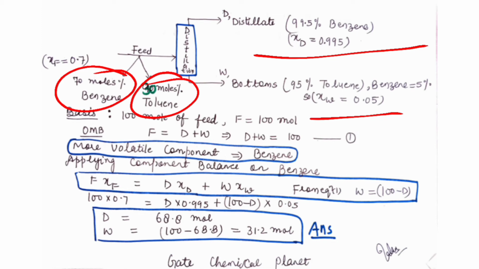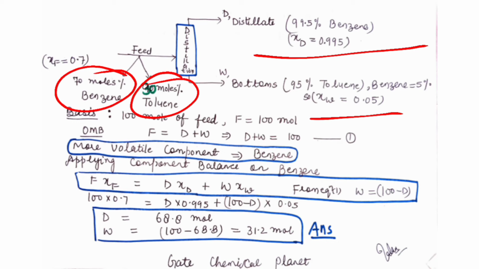We take 100 moles of feed as the basis, so F equals 100 moles. Now applying the overall material balance, F equals D plus W, and D plus W equals 100 because F is 100 moles. The more volatile component here is benzene, so we will apply the component balance on the more volatile component.